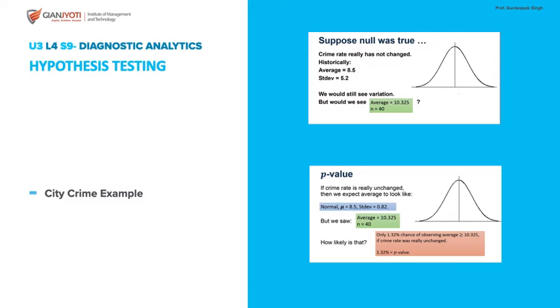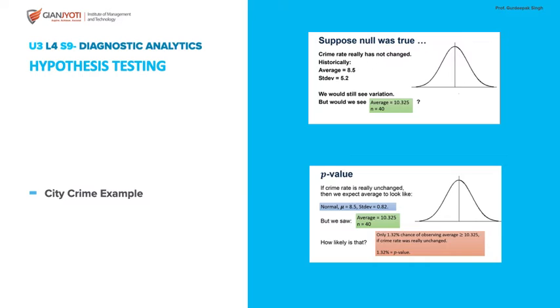So what we do is we calculate the p-value. The p-value means the probability of 10.325 within my normal distribution centered at 8.5. The p-value comes out to be 1.32.